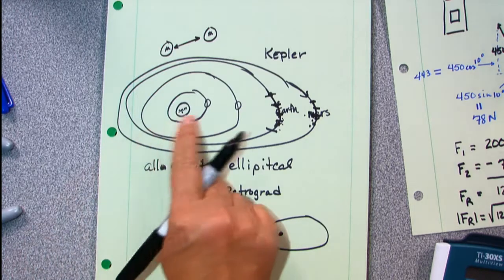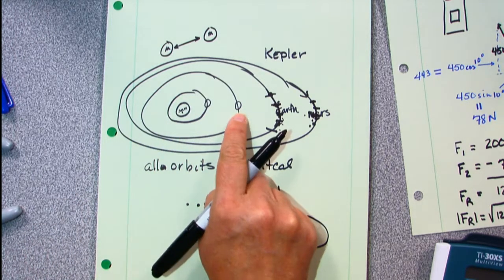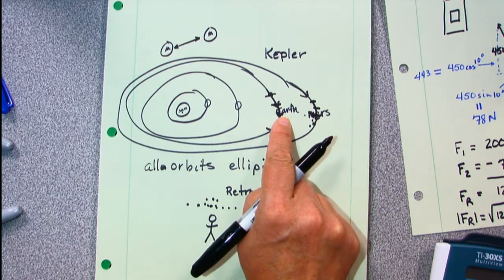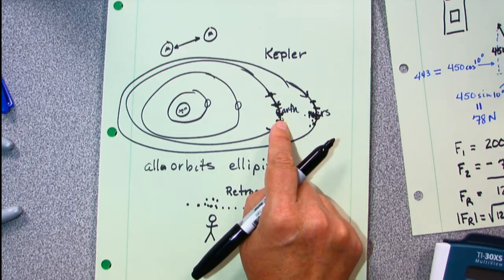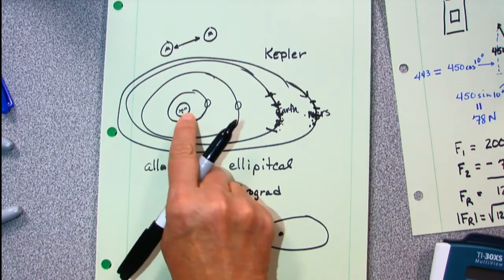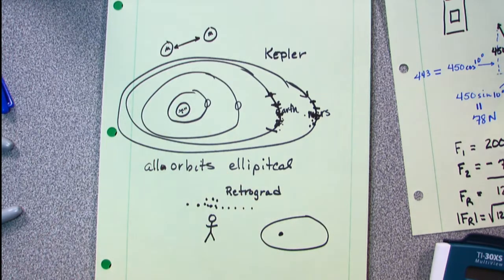And it turns out for Mercury, Venus, and Earth that the ellipse is so close to a circle that both foci are actually inside the sun. That tells you how close to being a circle. And a circle is a special ellipse with both foci at the same point. So a circle just happens to be a special ellipse.